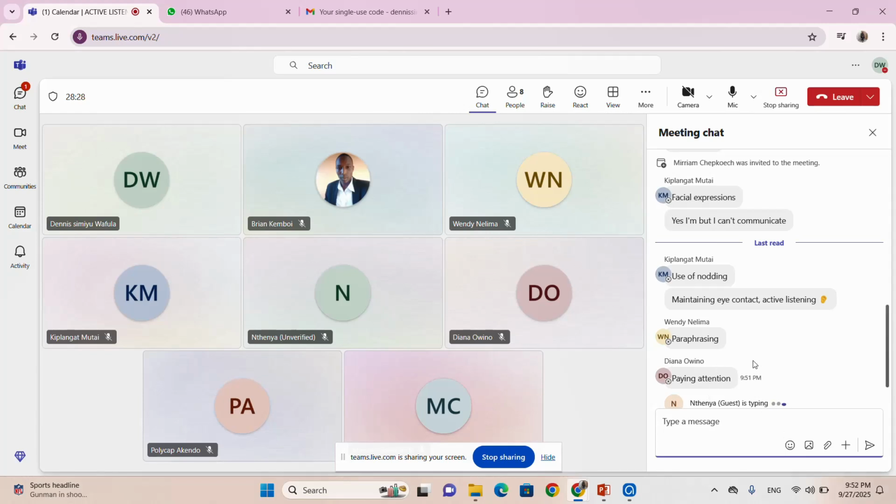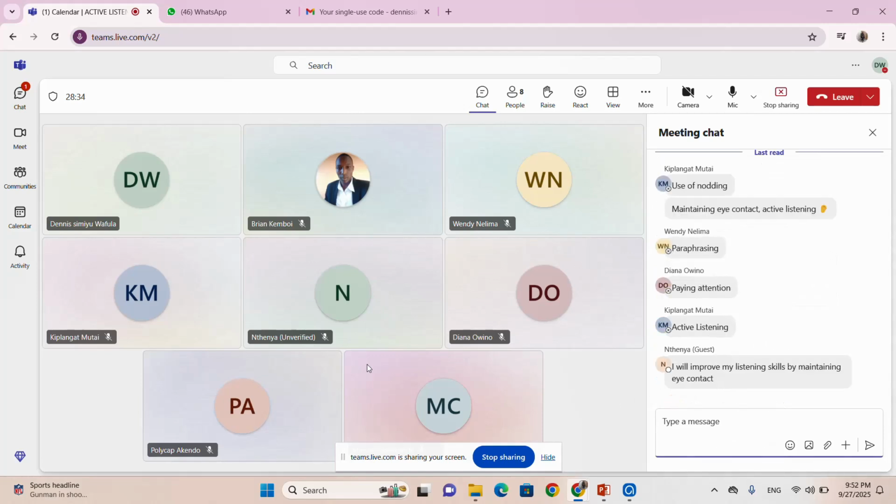I'm seeing some are typing here. You can react, you can reply to someone's text so that we keep this conversation going. Let me allow someone to unmute his or her mic to speak. I'm allowing only two people, a boy and a girl.